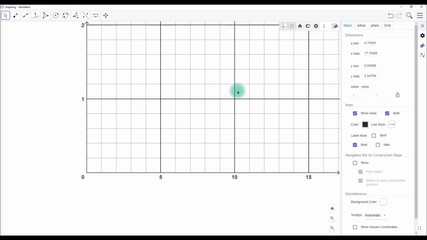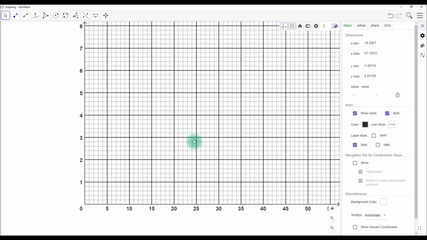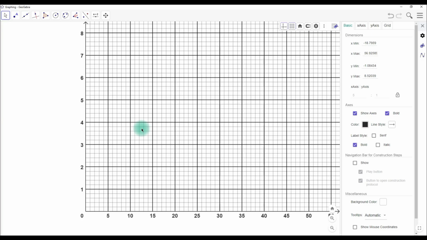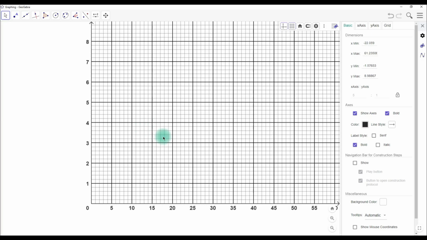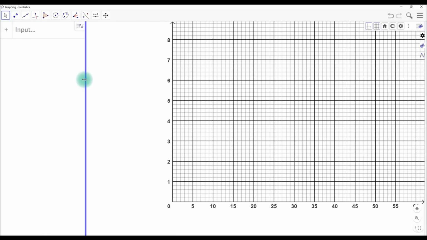I lock it, and now everything is in order. For the y-axis, we go from 0 to 7.5, at least up to 8. For the x-axis, from 0 all the way to at least 40. That's okay now. The remaining thing is for us to plot the points.